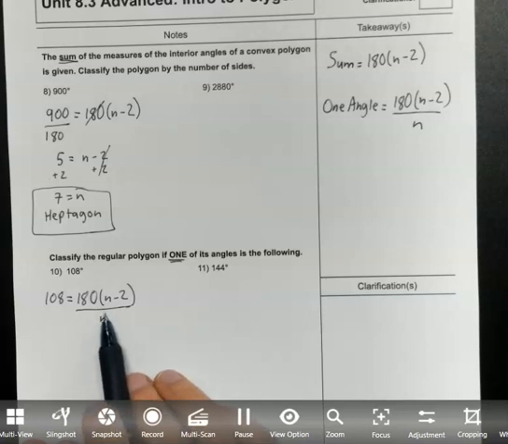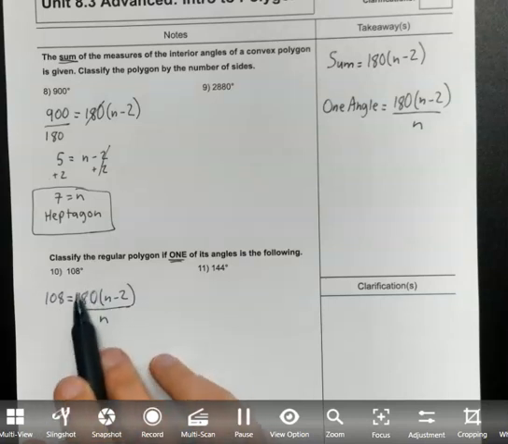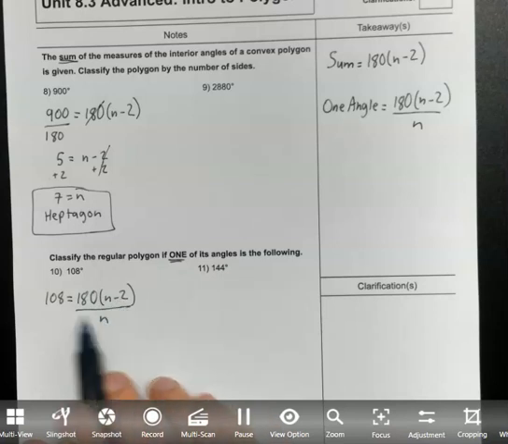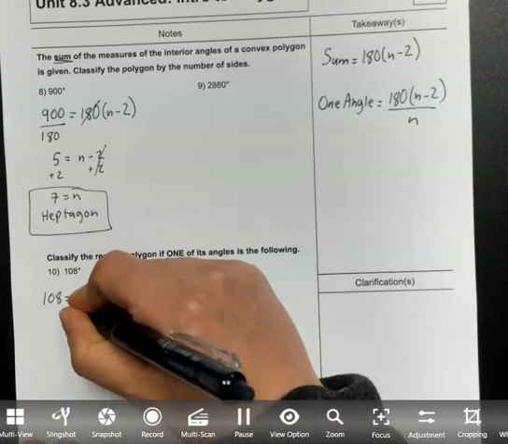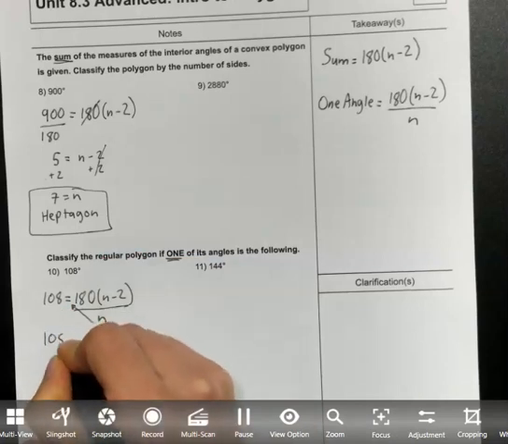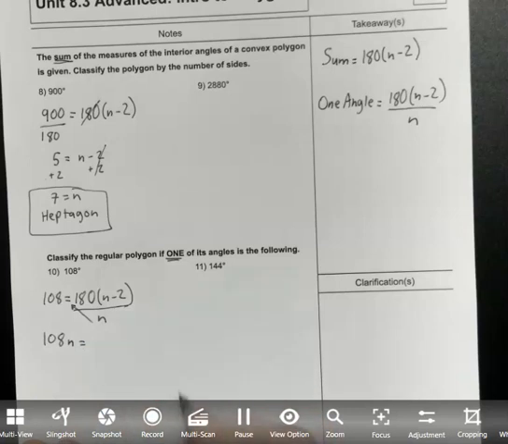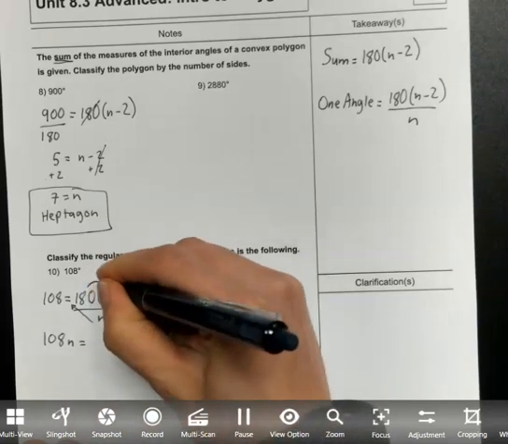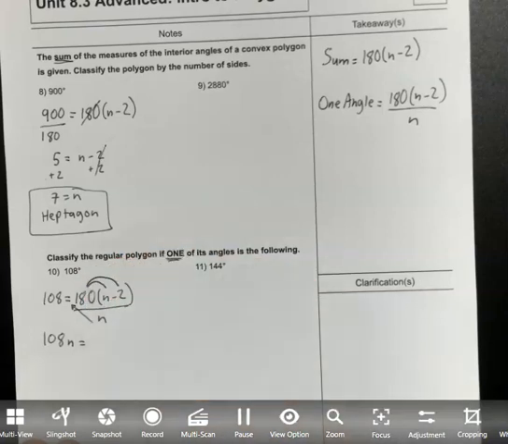So what I'm going to do instead is move this n over to the other side. Right here, this n is being divided, so to move it, I'm going to cross multiply. I'm going to multiply on the other side. So I'm going to say, hey, 108 times n is equal to, and then the other thing I'm going to do is distribute this 180.